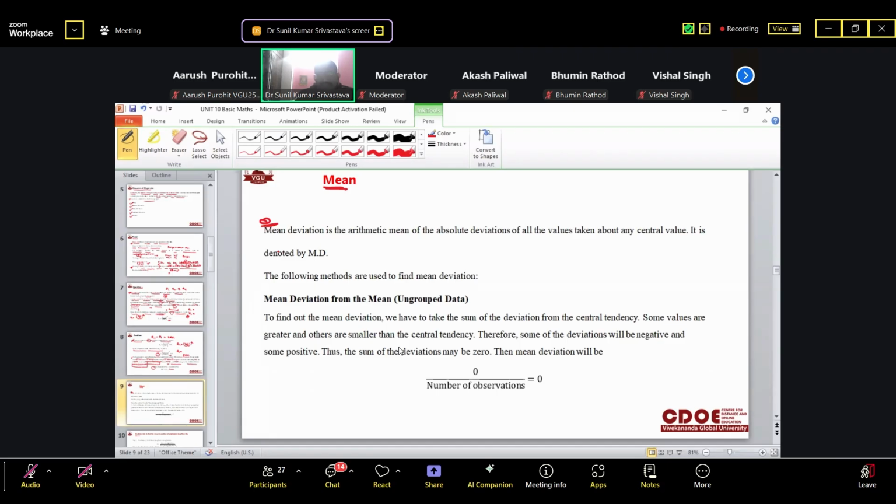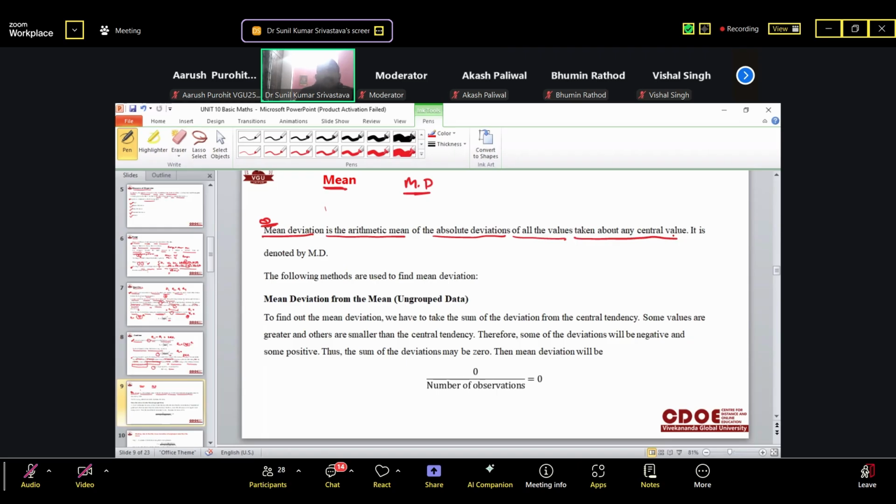The mean deviation is the arithmetic mean of the absolute deviations of all values taken about any central value.